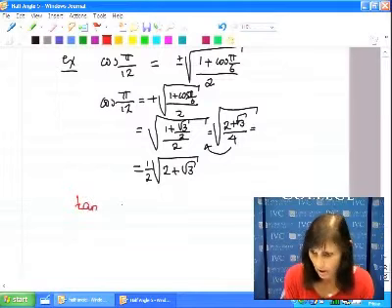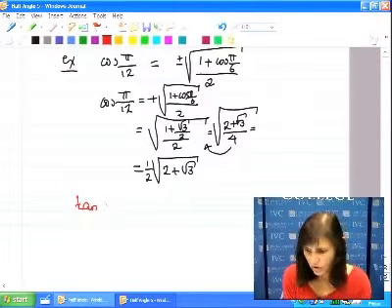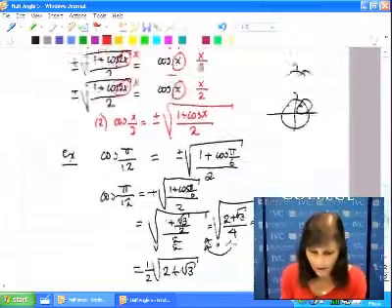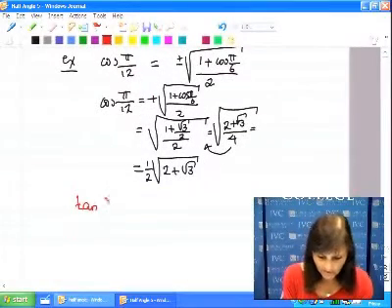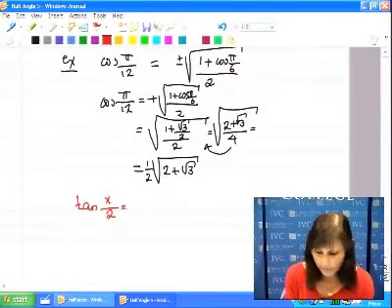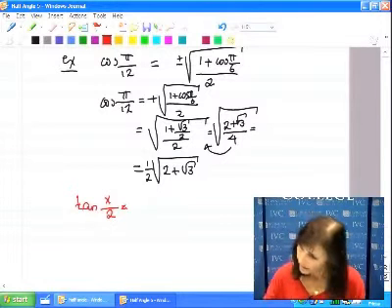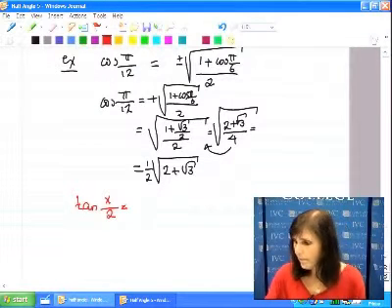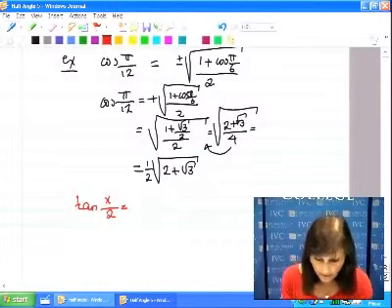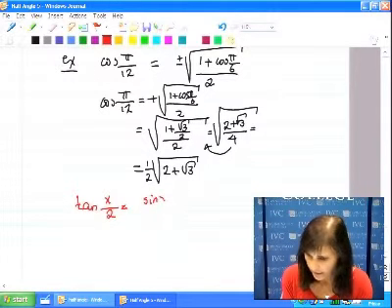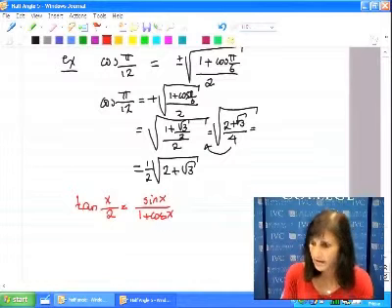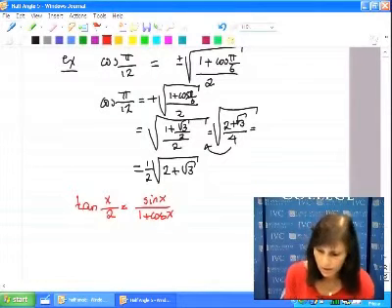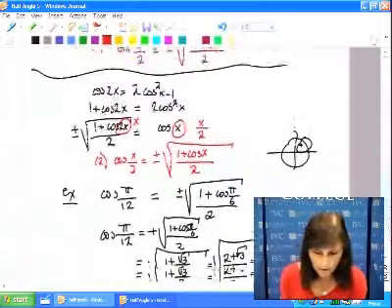Tangent of x over 2 is going to be sine x over 1 plus cosine x when you clean things up. Okay, so that is your formula 3.